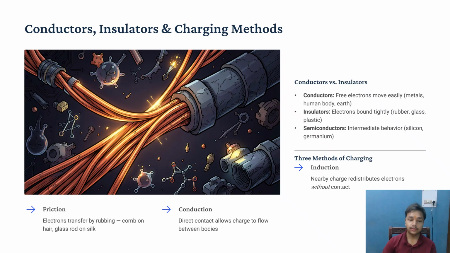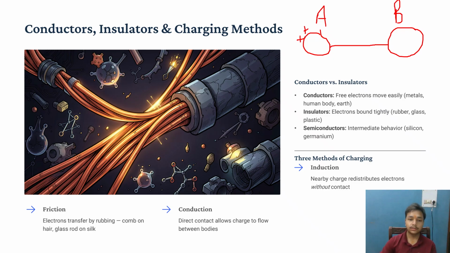Let me show you on this slide. Suppose this is one body, body A, and this is another body, body B. Charge will flow from body A to body B. Suppose body A is positively charged.